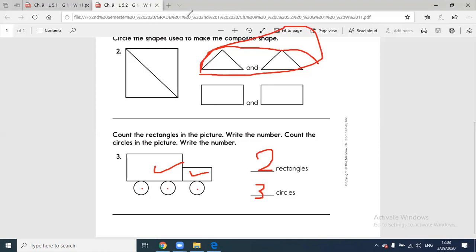Now we have finished this lesson already.